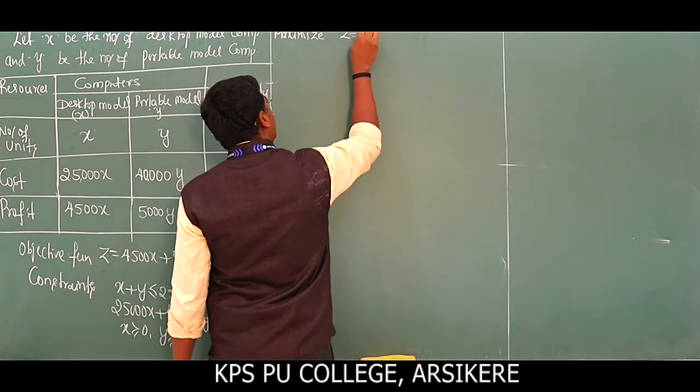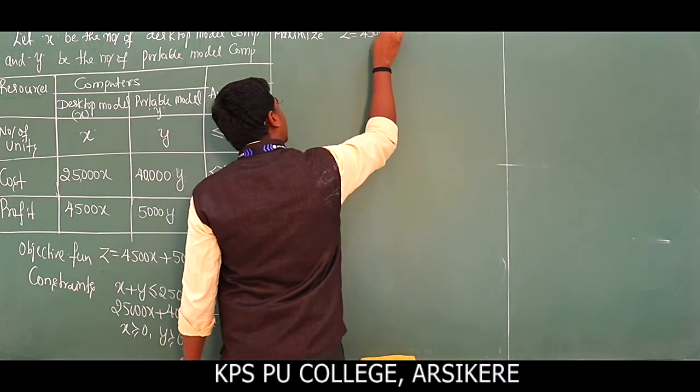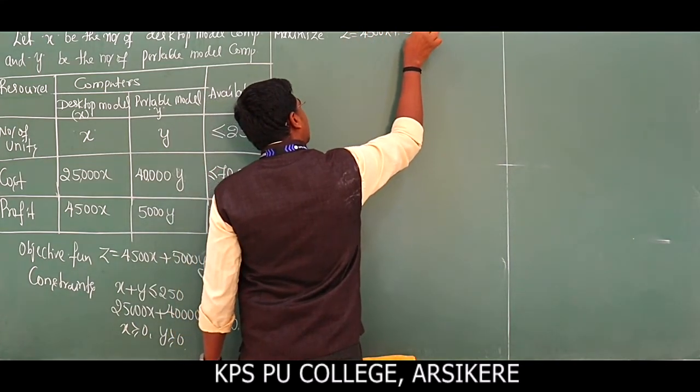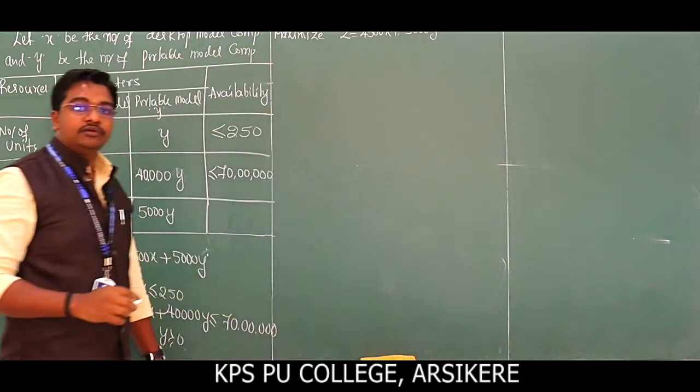Z is equal to 4500x plus 5000y. This is our objective function.